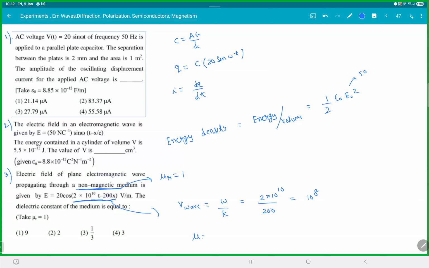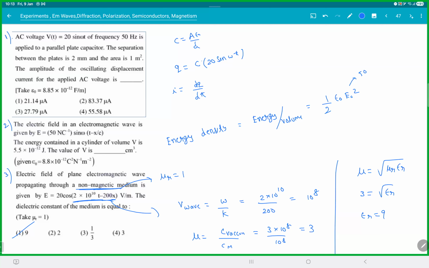That means the refractive index of the medium is c vacuum by c medium, which is 3 into 10 power 8 by 10 power 8. So indirectly, they're giving a refractive index with speeds. Then we know the formula mu is equal to root over mu relative into epsilon relative, the dielectric constant. 3 is equal to root epsilon r, so epsilon r is equal to 9. Clear with this? How to get the refractive index from the equation? You have to find the speed of the wave, which is not 3 into 10 power 8, so it is in a medium basically.